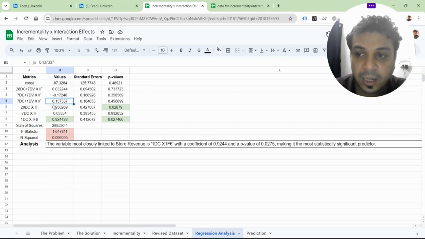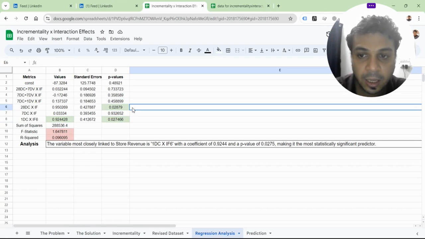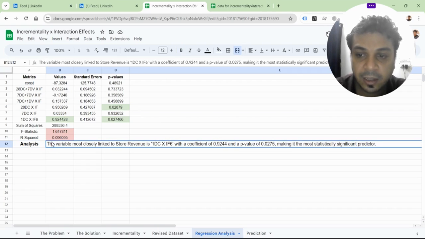It's rather the 28-day click and the one-day click, which have relatively higher coefficients and very decent p-values, because these are both less than 0.05. So both of these are statistically significant, and that's why the core analysis is that the variable which is most closely linked to store revenue is one-day click, which is fine.